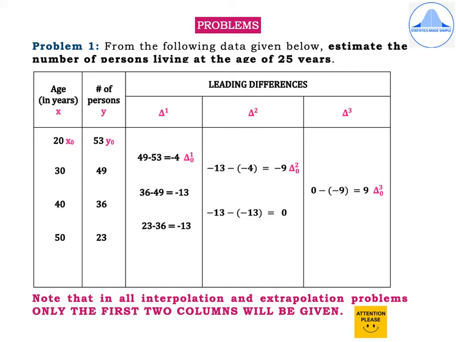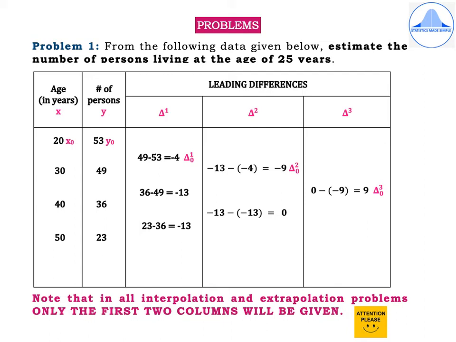Now the first step is to mark age in years as X and number of persons as Y. And the first value in the X column, that is 20, is marked as X0. So it is the value at the origin. And number of persons, the first value which you have is 53, that is marked as Y0.